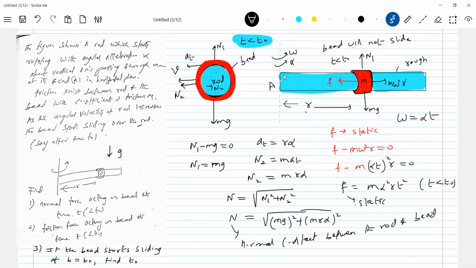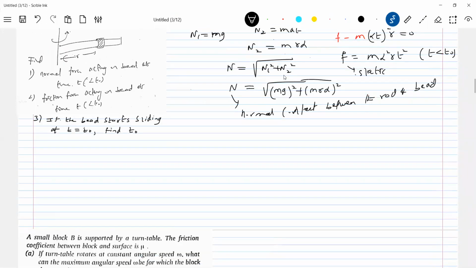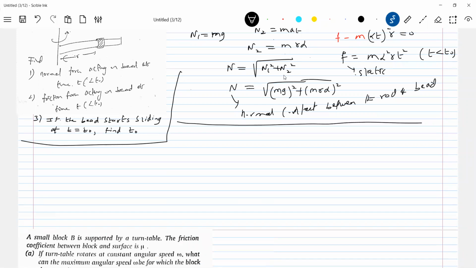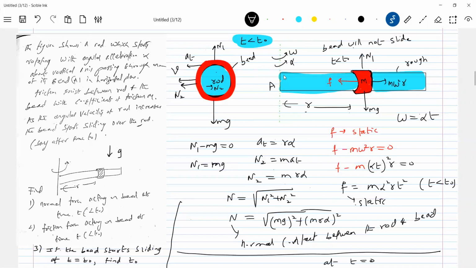So now I'll write the problem. I'll go for the next part of the problem. At t equal to t naught. That's the same diagram.